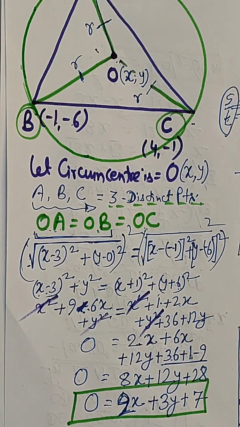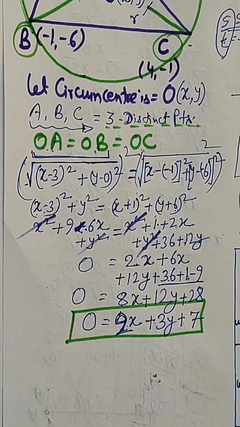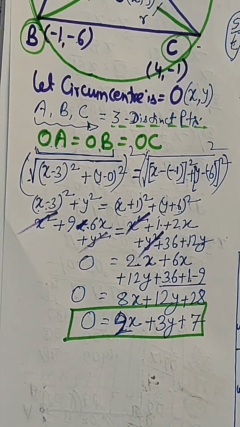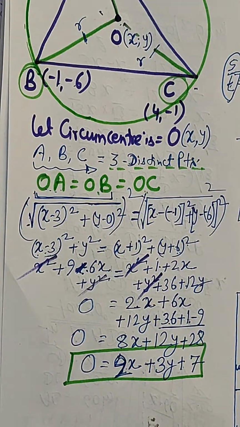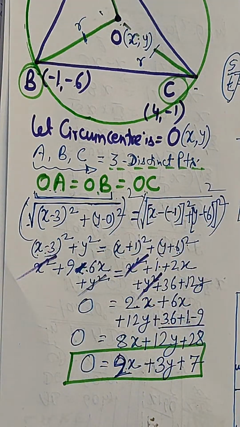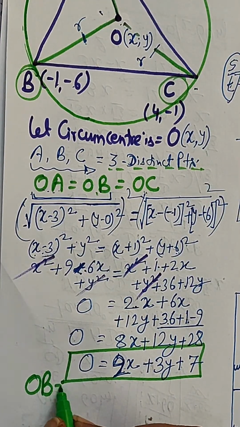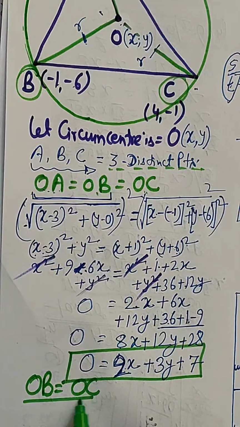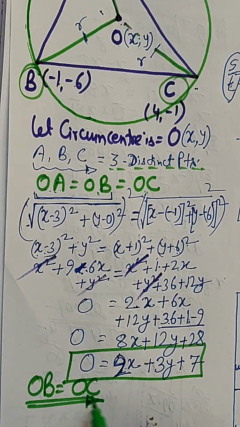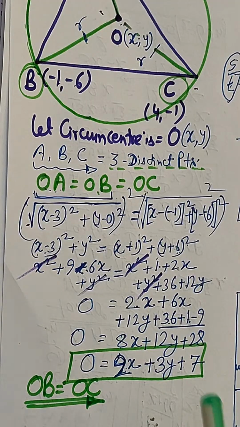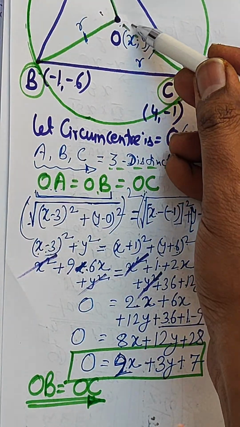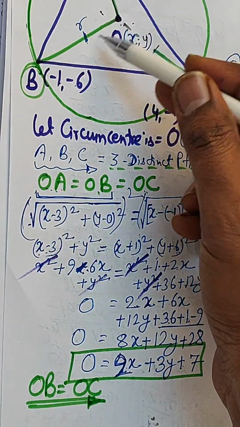When OB is equal to OC, then what will we be having? We will be having, when you use this relation, that is OB is equal to OC, this will be giving you, just use the distance formula again, x minus minus 1 whole square.